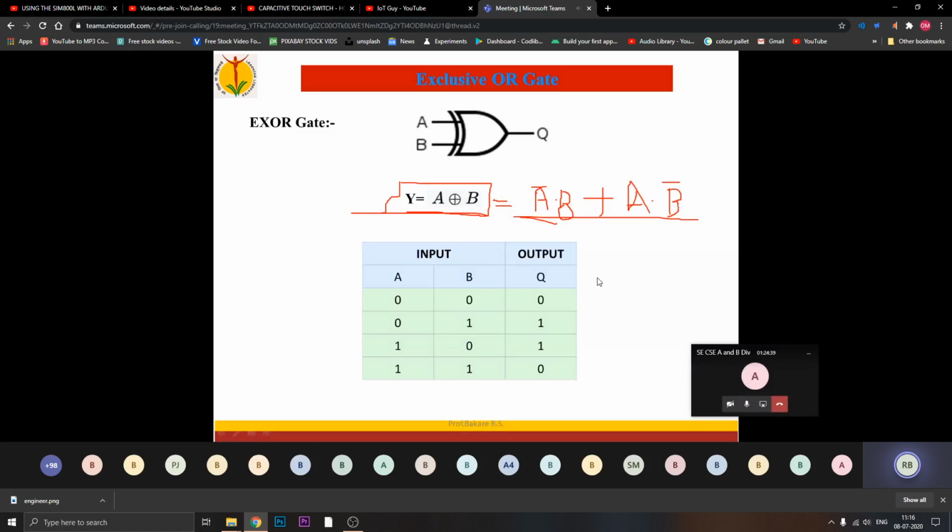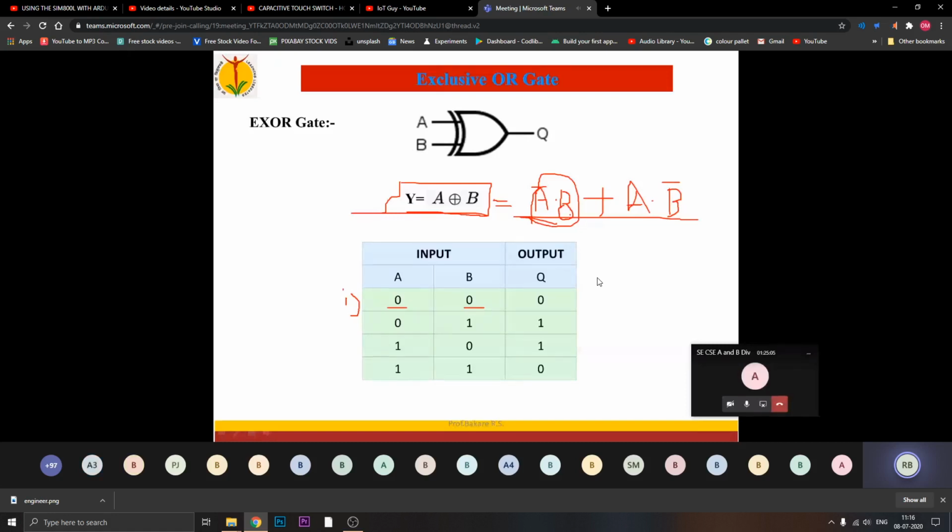Now friends, this is the first condition for the truth table, when A equal to 0 and B equal to 0. Now see, what is the value of the first term, A bar into B, for these two values?